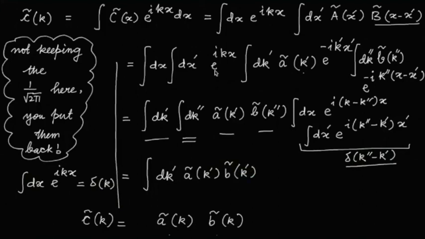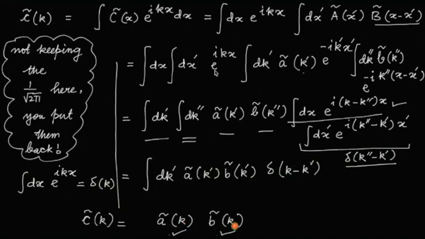What I am left with is another delta function, now on k minus k'', and that also is changed to k'. Now this is another delta function integration, and you immediately see that once you do the integration, A tilde k' will become A tilde k and B tilde k' will become B tilde k.